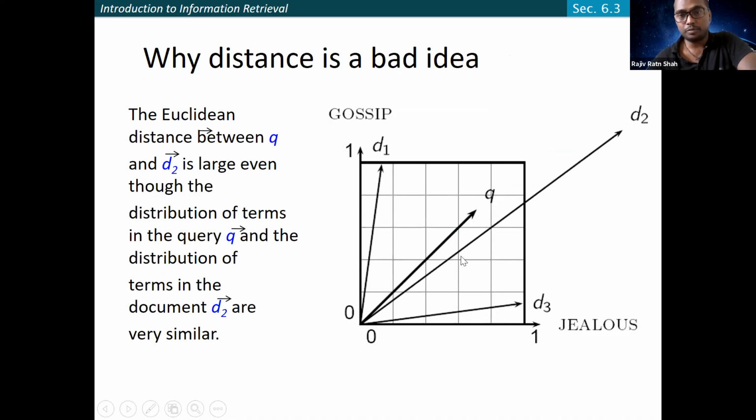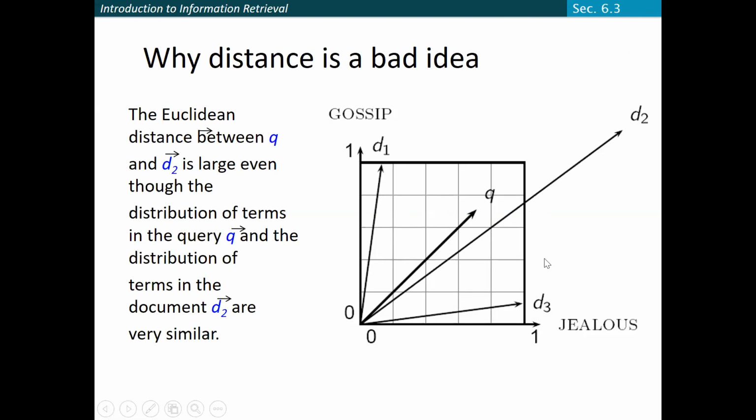From the vector space, you can see the representation of query q is very similar to document d2, but documents d1 and d3 are slightly different, because their terms are very different compared to q. But if you compute the distance, I hope you can see this distance is longer compared to these two, but semantically this is wrong, right?